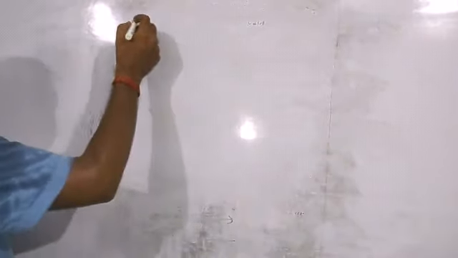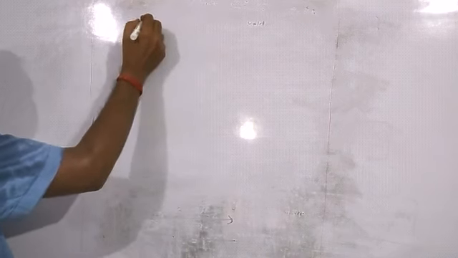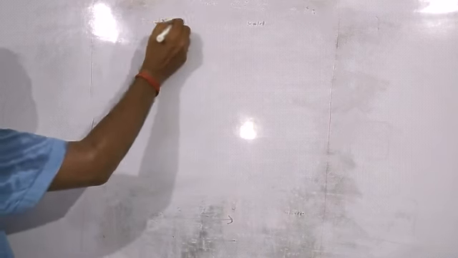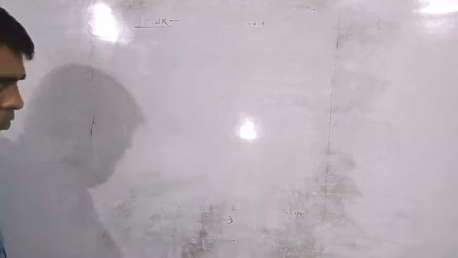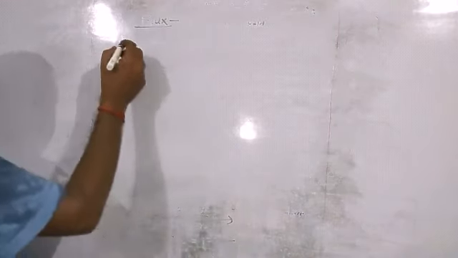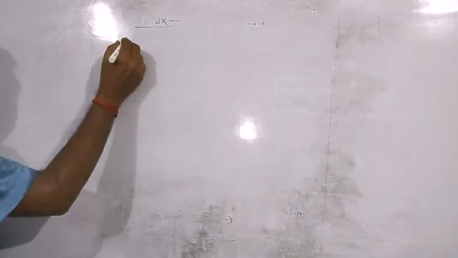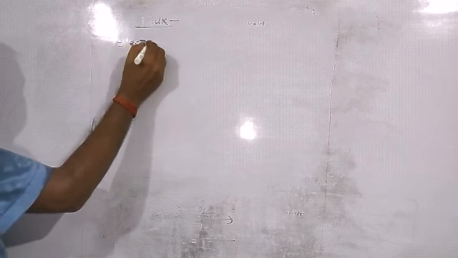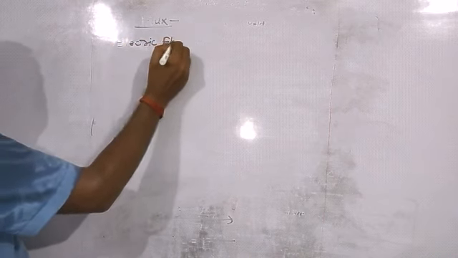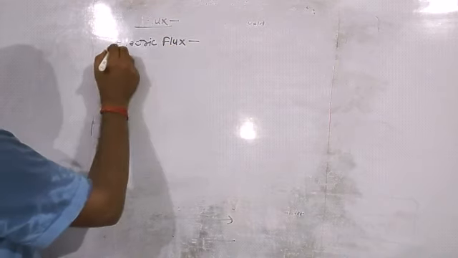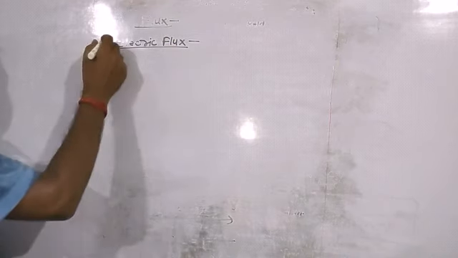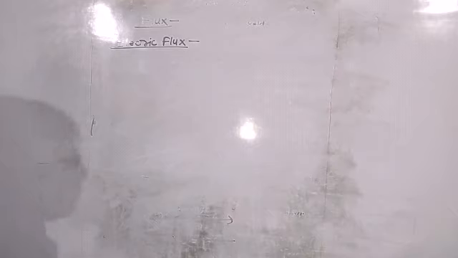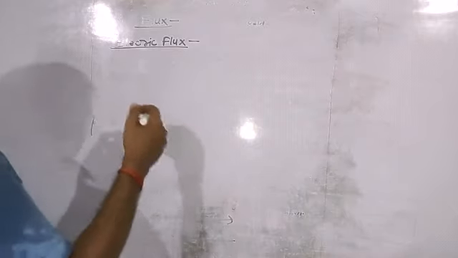Now as we know about the flux, जैसे हम flux को जान गए, now we are going to understand the concept of electric flux. Now what is the electric flux? Electric flux is defined as the number of electric field lines that pass through any closed or open surface area.